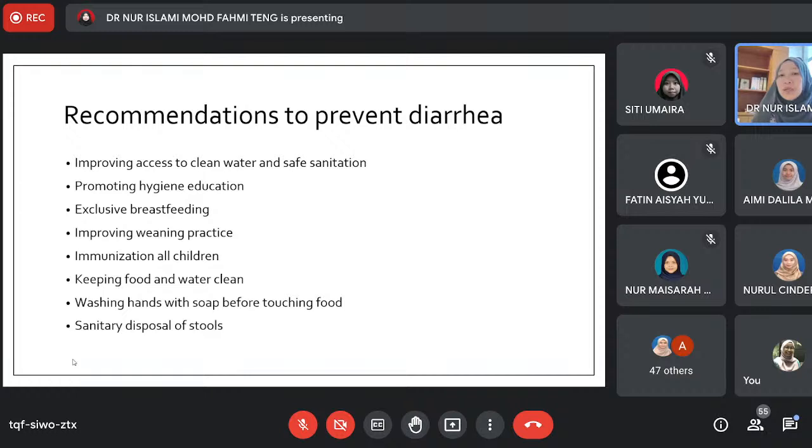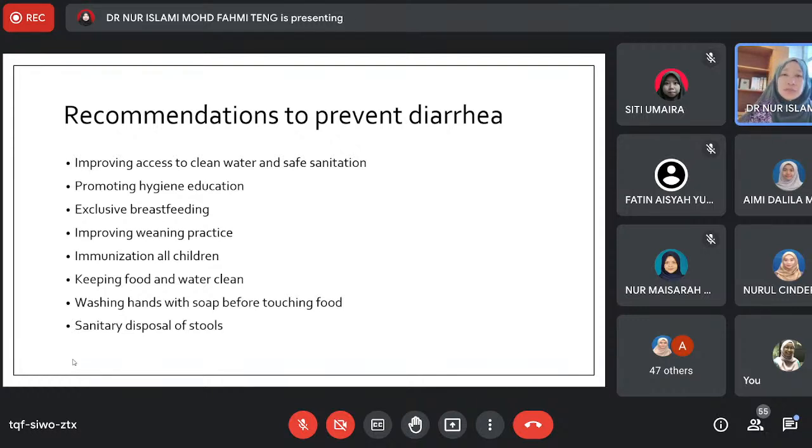Then improving weaning practice, when they want to introduce weaning, how to introduce food that can be eaten by the baby, with soft diet first. Immunization of all children is also a recommendation to prevent diarrhea, keeping food and water clean, washing your hands with soap before touching food, and also sanitary disposal of stool. This is the general recommendation.